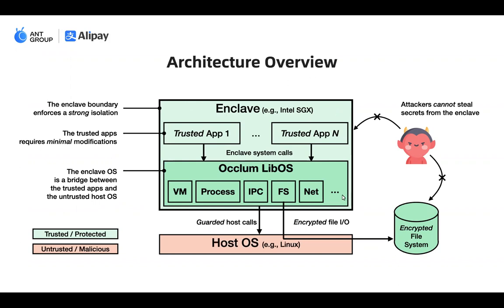Inside the enclave, we have a LibreOS, which consists of a number of subsystems like virtual memory, process management, inter-process communication, file system, networking, etc. With this LibreOS, you can have unmodified applications. They can just call the LibreOS syscalls, which are compatible with Linux syscalls. So unmodified Linux binaries can run inside the enclave, and you can have multiple of them. We have multi-process support.